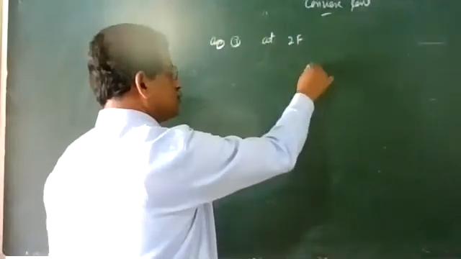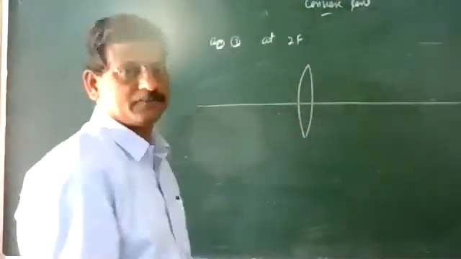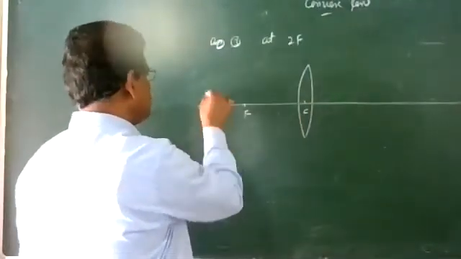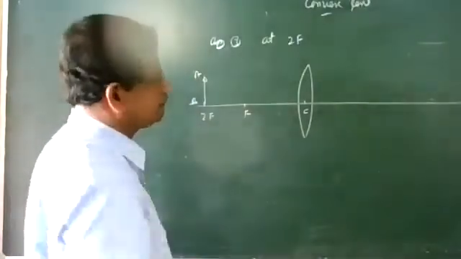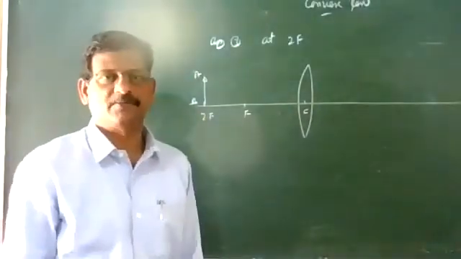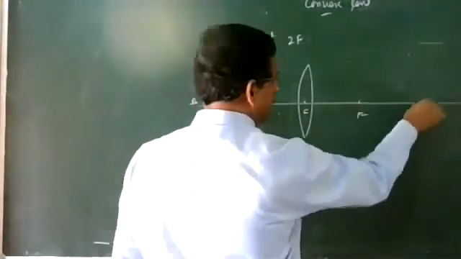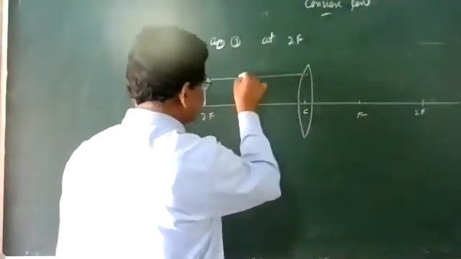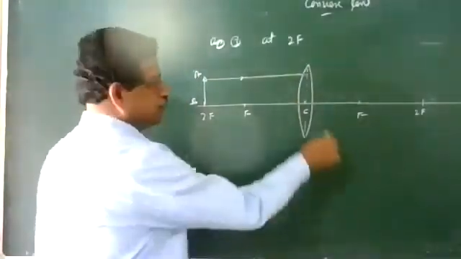Let us complete this diagram of the object. Optical center, F1, F2. Object is here, AB is your object. One ray parallel to the principal axis, after refraction passes through the focus.